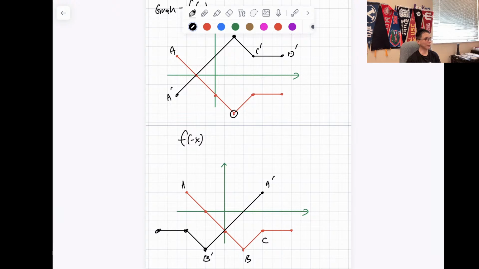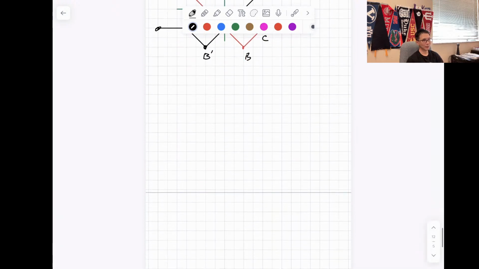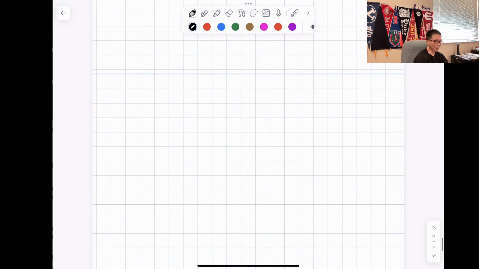Now let's have the fun part. How about this one? So first of all, I call it multiplier because the multiplier is easier. But second of all, this one actually has a reflection and a compression, right?